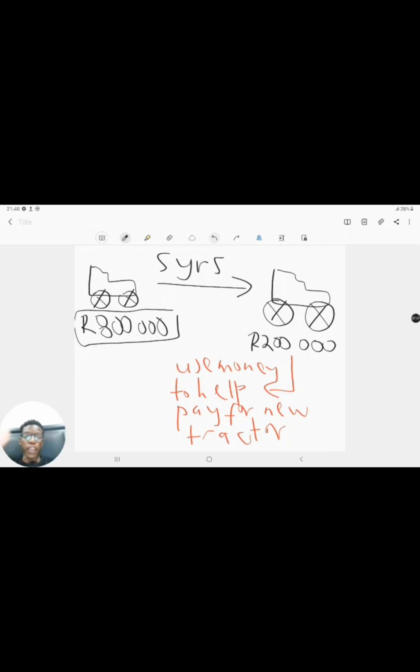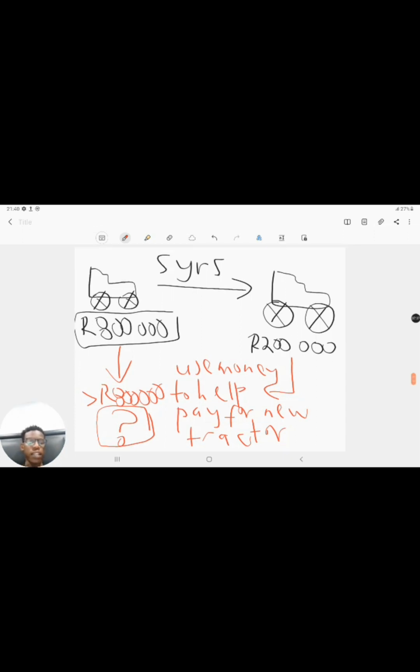Okay, so then what happens is that in 5 years, the new tractor that the farmer wants to buy will be worth more than 800,000 rands, right? More than 800,000 rands. But how much more? What is that actual value that the tractor will be worth? Well, we don't know, but we would like to find out.